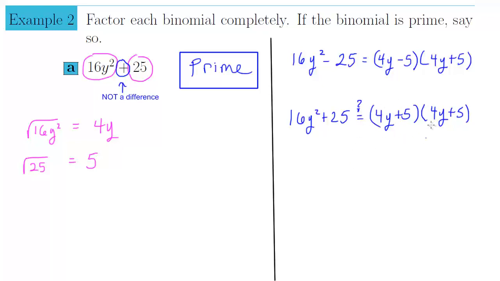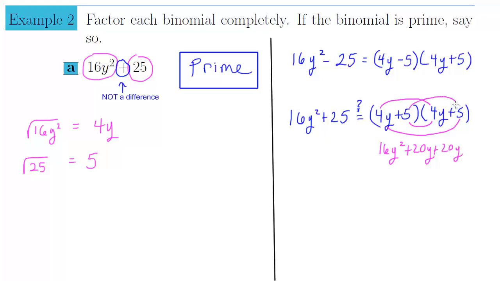Well, if you multiply out 4y plus 5 times 4y plus 5, do you get 16y squared plus 25 back? Well, try it. 4y times 4y is going to be 16y squared. 4y times 5 is going to be plus 20y. 4y times 5 again is going to be plus 20y again.